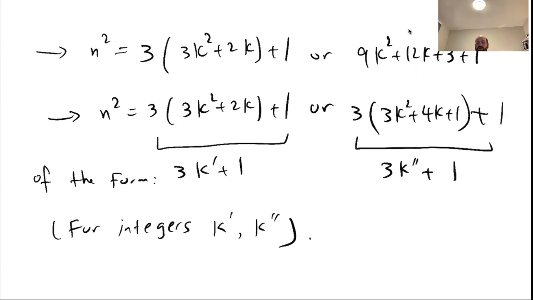Okay, so I showed that in either case, whether n is of the form 3k plus 1 or 3k plus 2, n squared will be of the form 3 times an integer plus 1, 3 times some k prime plus 1, or 3 times some k double prime plus 1. So in either case, the remainder of n squared when divided by 3 is 1.